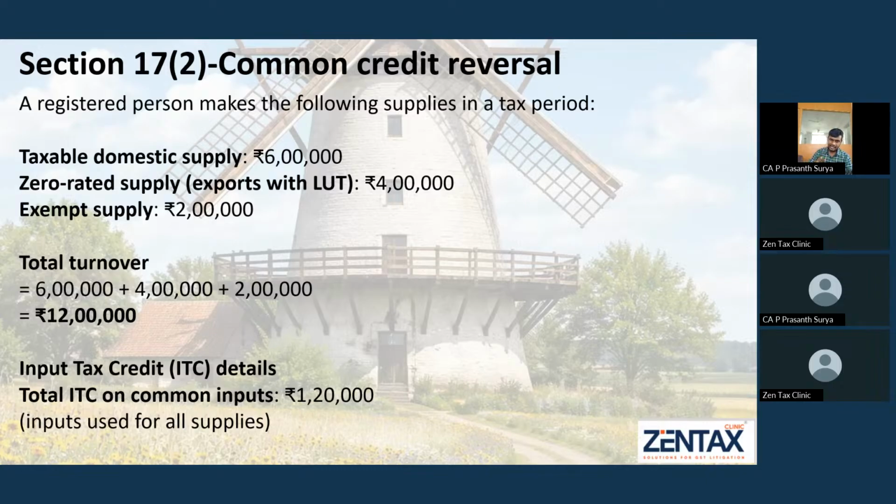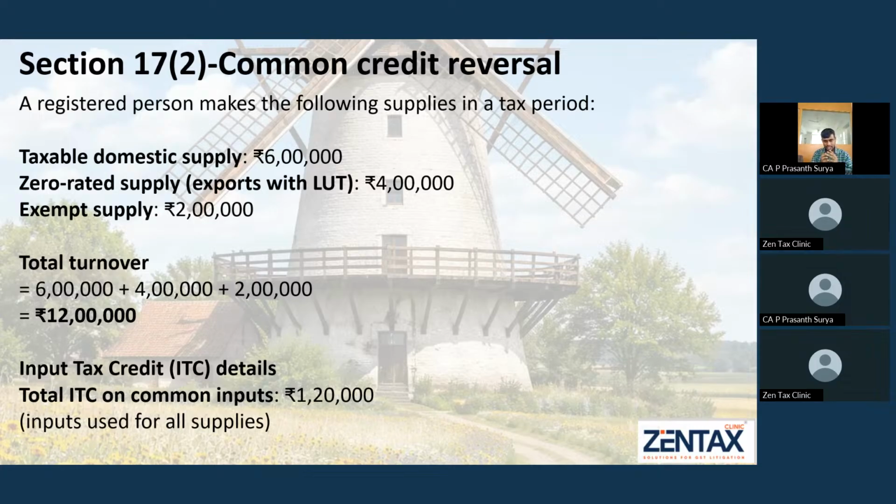Because if you do straight away a taxable inward supply for taxable outward supply, that ITC is fully eligible. If you do an exempted inward supply and do an exempted outward supply, there will not be any ITC in the exempted inward supply itself in the first place. If you are doing a taxable inward supply and specifically you are using that for an exempted outward supply, in that case also, with respect to the taxable inward supply, no ITC should be taken.